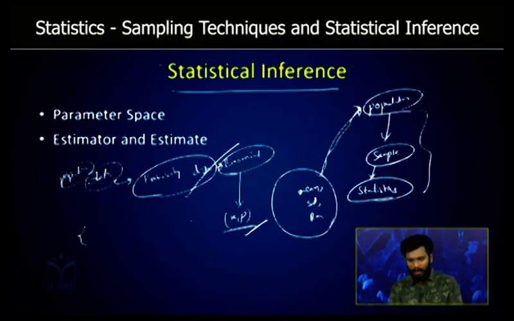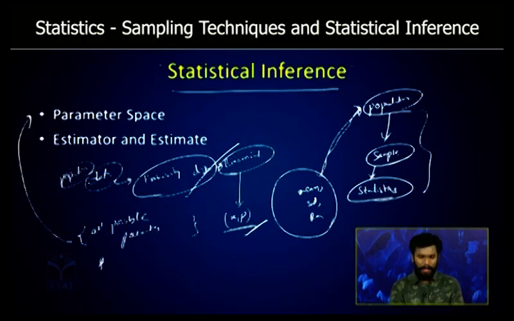The set of all possible parameters is called the parameter space. This set consists of all the possible parameter values that a binomial distribution can take. That is nothing but the parameter space.